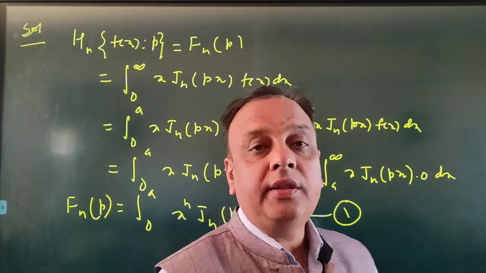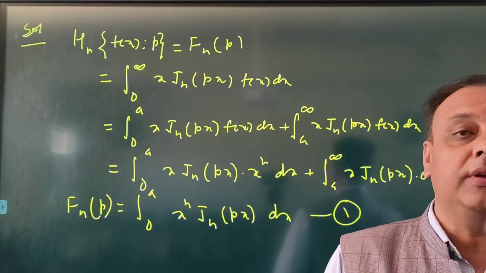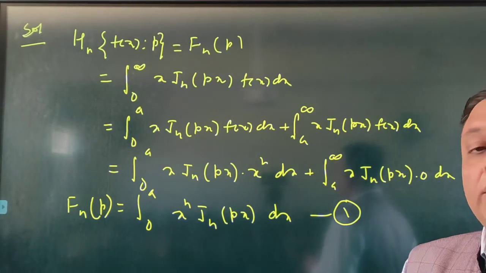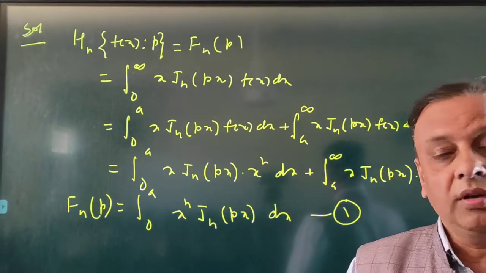Now, in order to find this Hankel transform, we have to integrate the right hand side of the equation first. For this, we have to use the recurrence relation for the Bessel function.